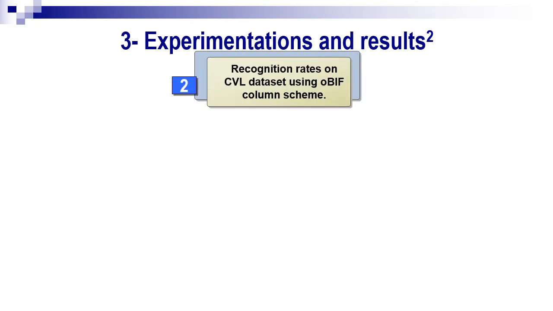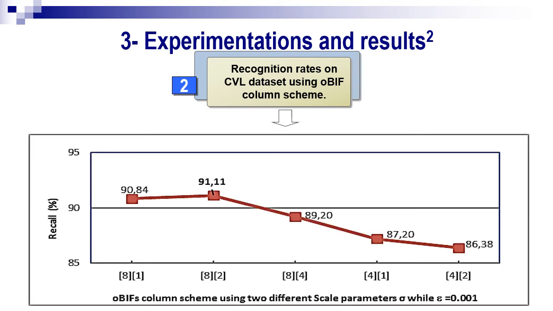Our experiments aimed to study the effectiveness of the proposed system based on the multi-scale OBIF columns. The proposed features and the classical OBIF columns features are generated using two parameters, the scale parameter sigma and the parameter epsilon.